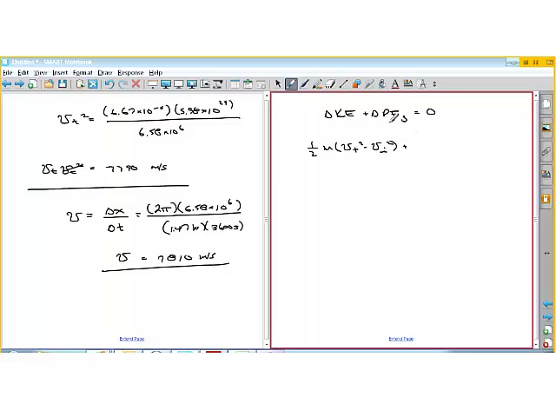And the change in potential energy is the calculation not from mgh, but from the definition of potential energy.